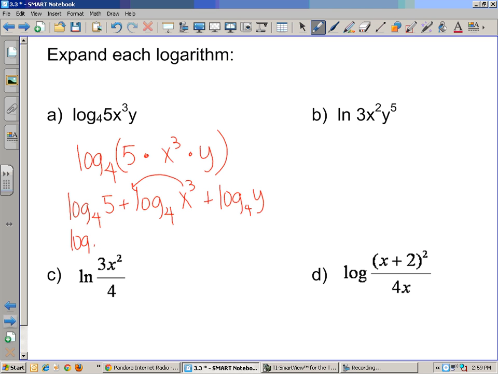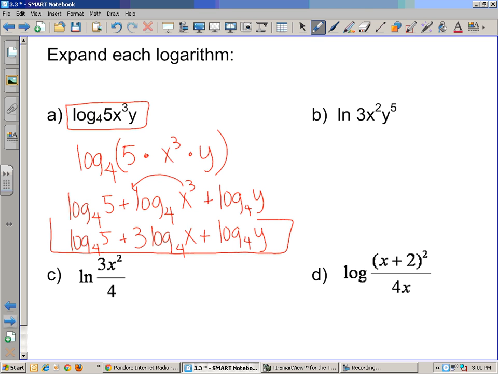So log base 4 of 5 plus 3 log base 4 of x plus log base 4 of y. Okay, that's it. We're done. I have taken something that looked small and I have expanded it. Okay, now I'm going to let you do B on your own, and I will check that when you come in on Thursday.